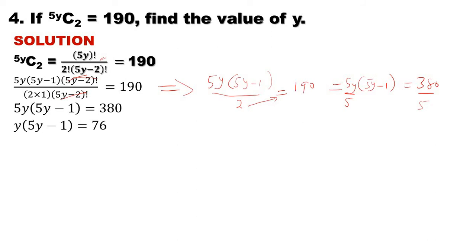So we can open the bracket now, and we have 5y squared minus y minus 76 equals 0. So we're having a quadratic equation now.